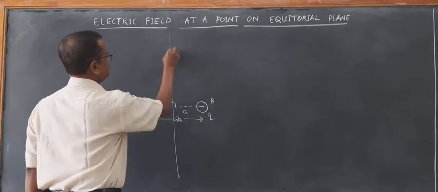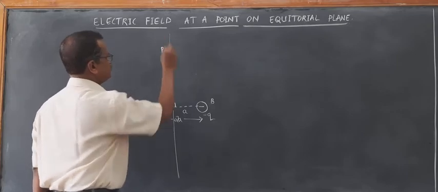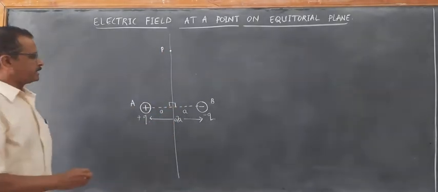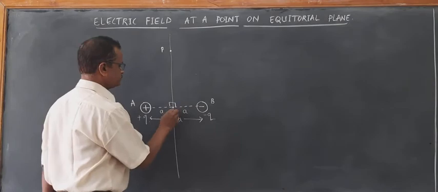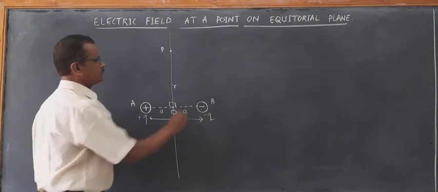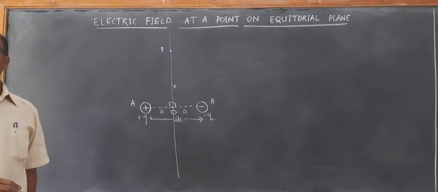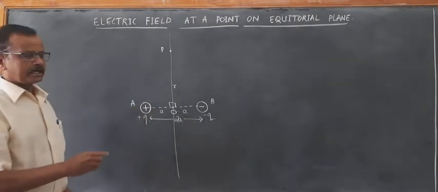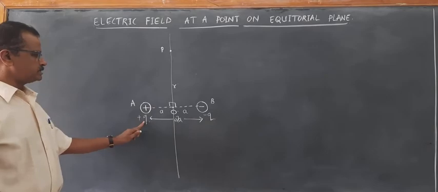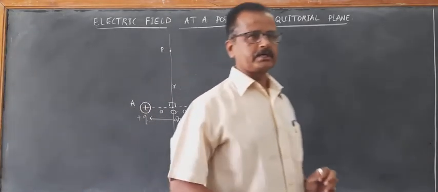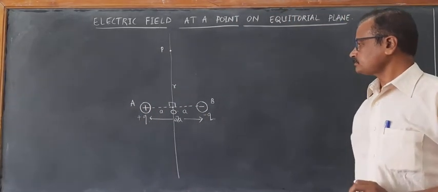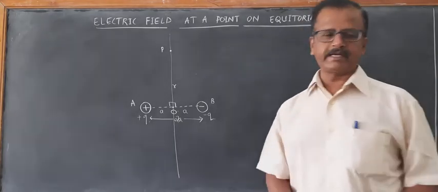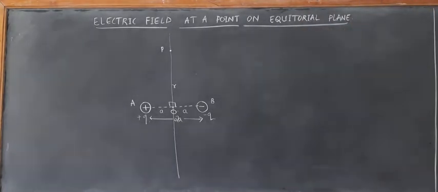Let us consider P. Let P be the point at a distance r from the midpoint, where we want to find the electric field due to the dipole, the electric field due to the positive charge and the electric field due to the negative charge. So we must find the distance AP and the distance BP.